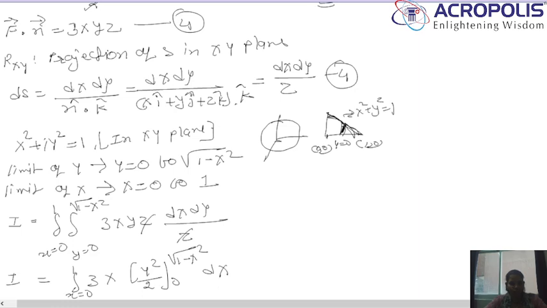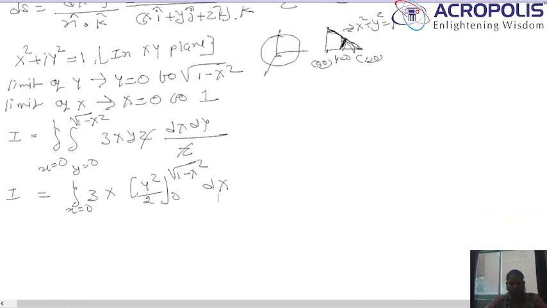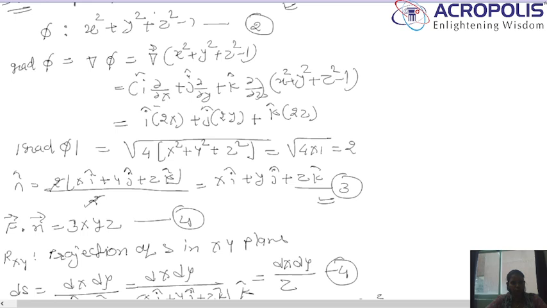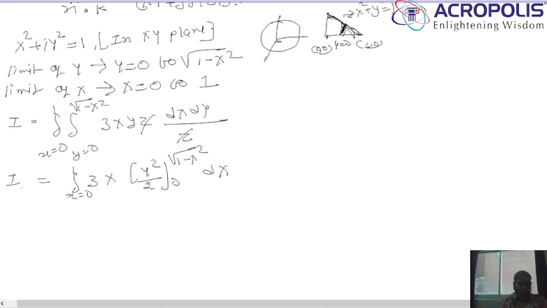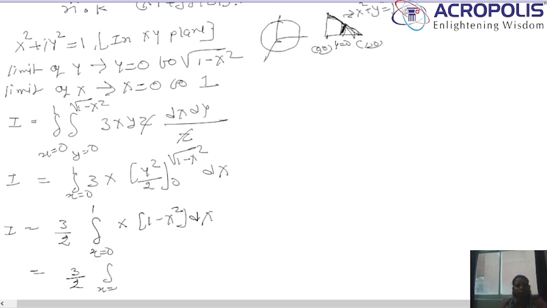So here we apply the limit, I equals 3 by 2, constant we take outside, x from 0 to 1, x into 1 minus x square dx. Now simplify this term and integrate with respect to x.